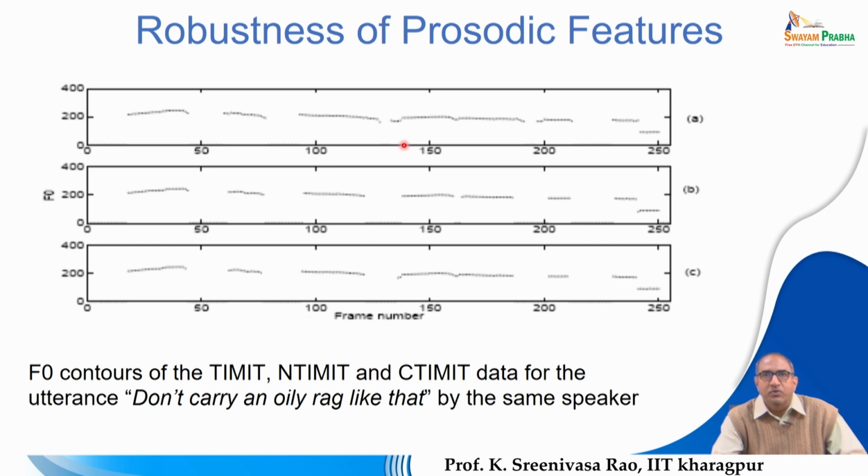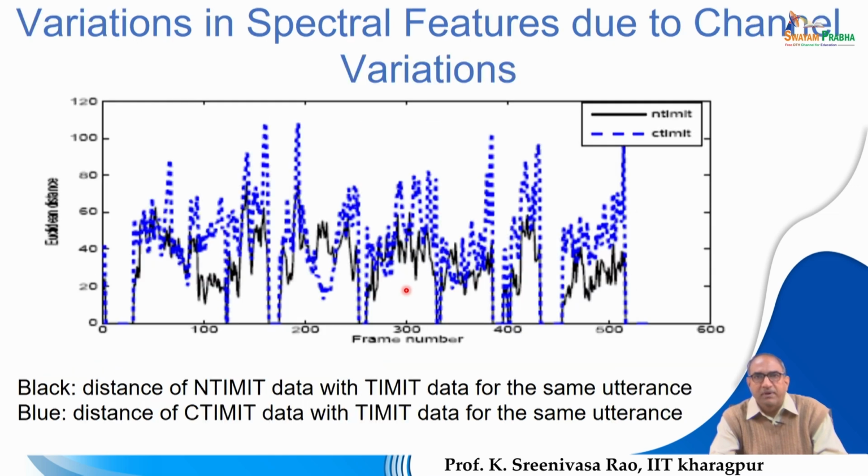So the speaker-specific prosodic features are robust in the sense that even though the speech is collected from different environments, they show the unique style or unique patterns irrespective of the background environments.